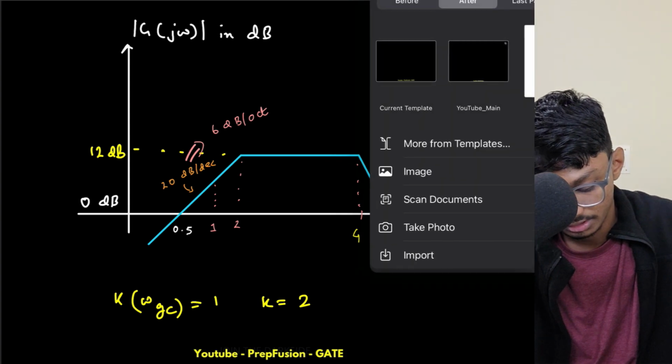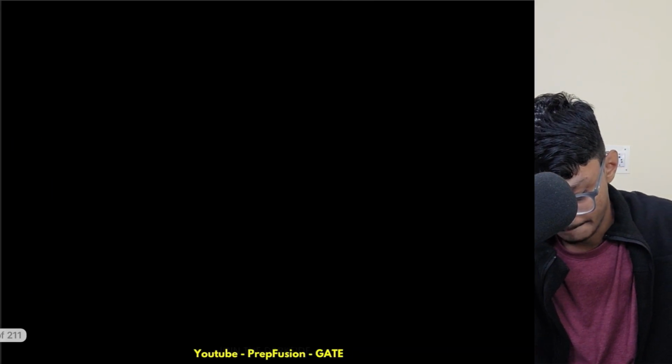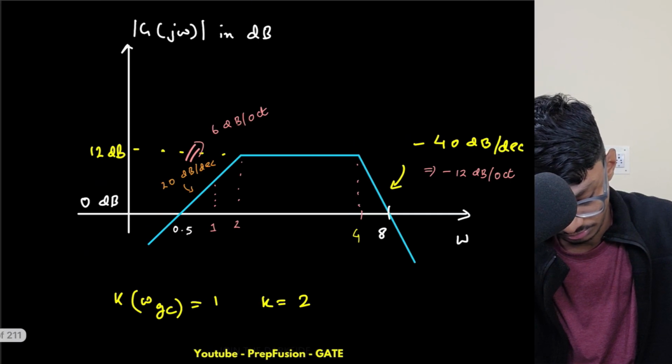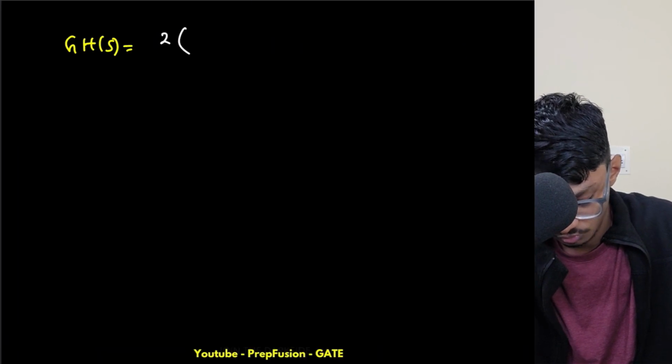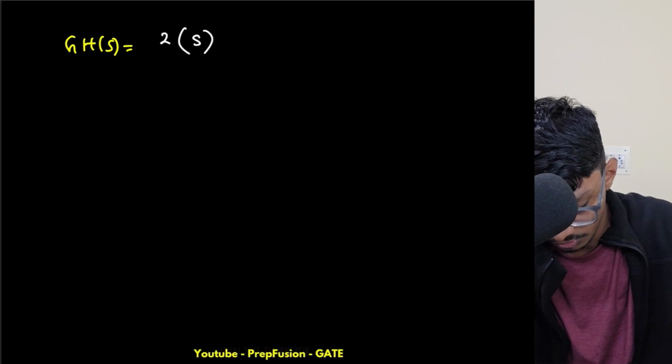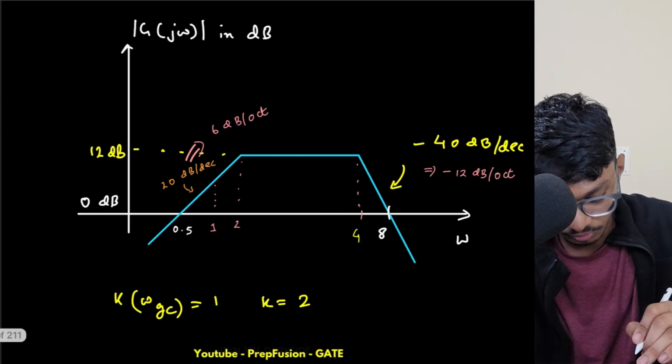Let's write it in the standard time constant format. H of s equals 2 times s, because I have a zero, and after this I have only poles.